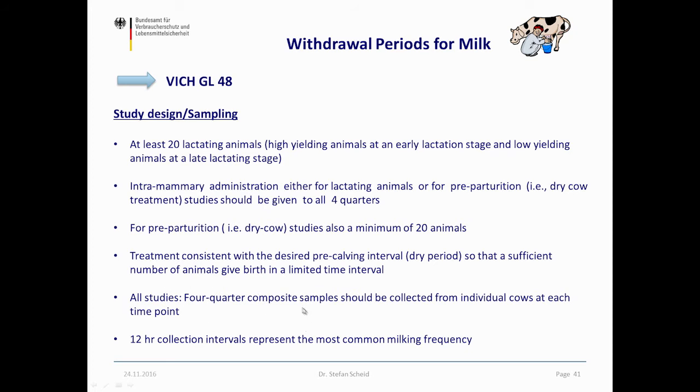For all animals, whether treated intramammarily or not, use the composite sample as the milk sample and use a 12-hour milk collection period. This is the standard study design for milk residue depletion study. The number of animals is higher because it's easier to collect milk than to sample tissues.